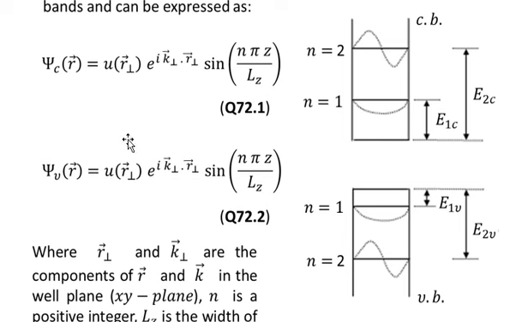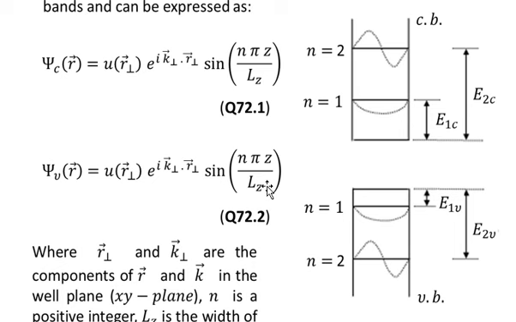And similarly, just replacing c with v, v stands for the valence band. The Bloch wave function for the valence band is given in equation number 72.2, which is psi v of r is equal to u as a function of r perpendicular multiplied by e to the power i k perpendicular dot r perpendicular multiplied by the sine of n pi z over Lz.